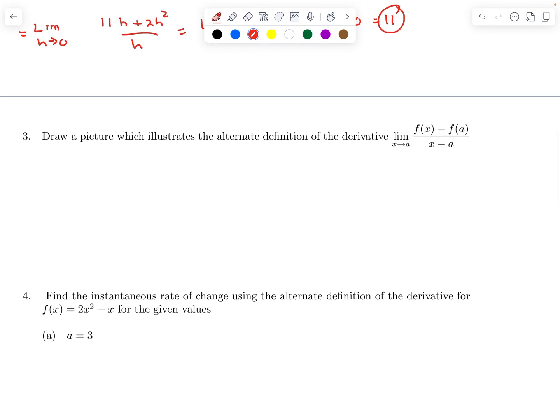Alternative definition of the derivative. I'll talk about why this might be the alternative definition.